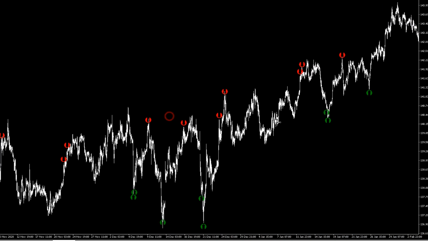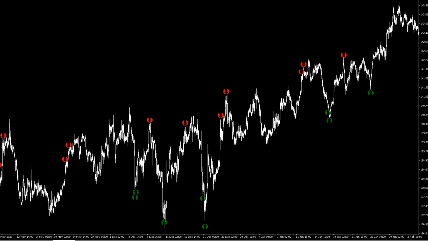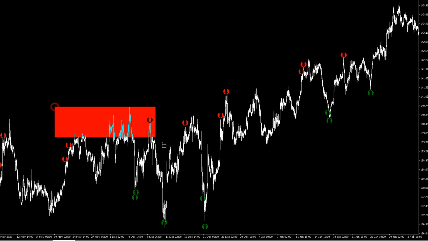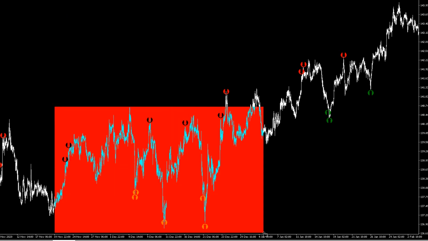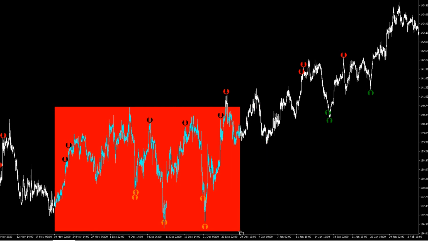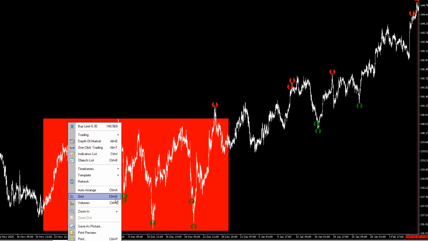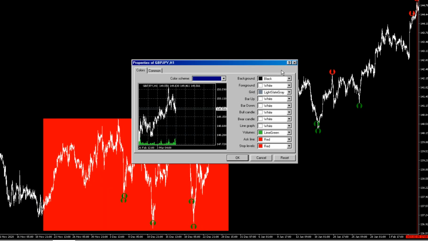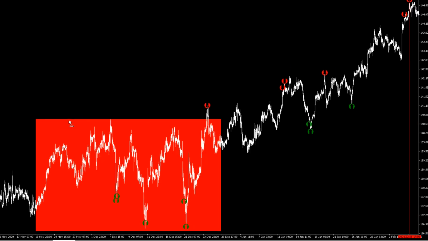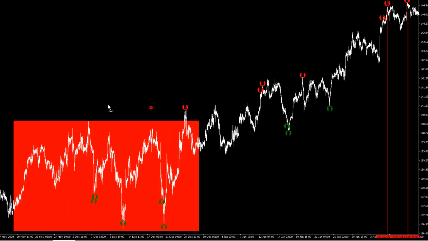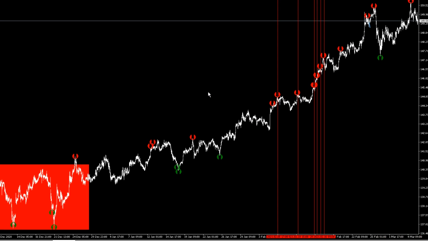So let's go here. This one. So here in this consolidation, yeah, the signals were right, you see. Some good signals in this consolidation period. But then what happens is suddenly this huge uptrend occurs.